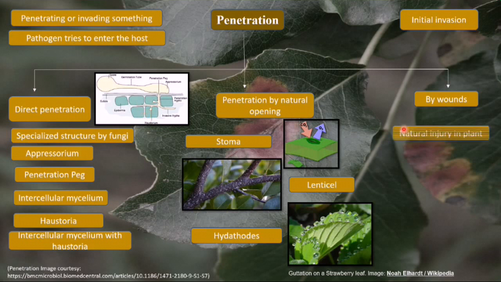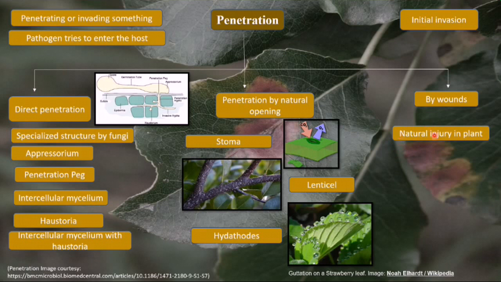And the third type of penetration is through wounds. Sometimes plants have certain kinds of wounds, when we pluck a leaf, or when abrasions are caused by wind, by water pressure, or sometimes when we pluck a flower.